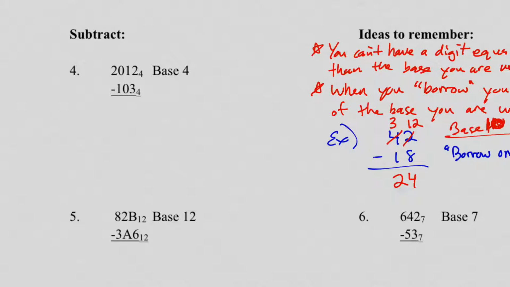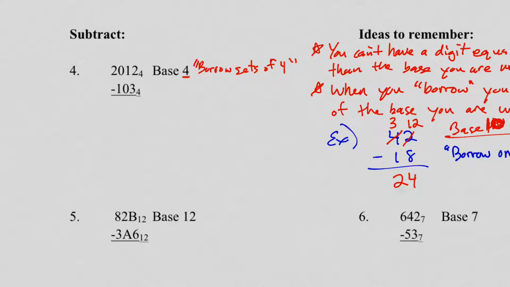So let's take a look at number 4. So here, you can prepare yourself by writing, hey, I'm going to borrow sets of 4. We're in base 4, so we're going to borrow sets of 4.